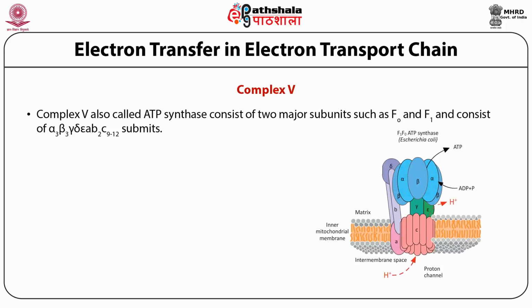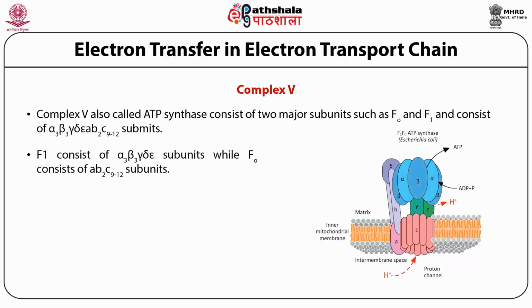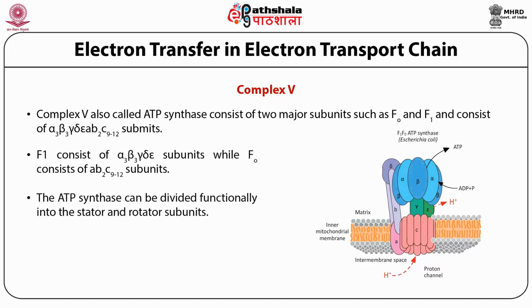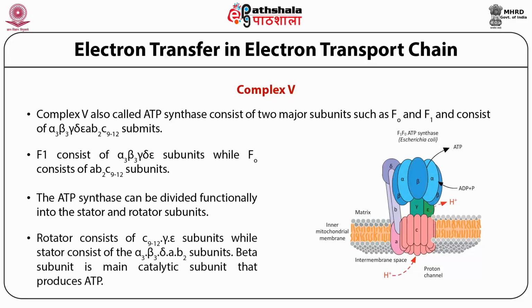This is known as ATP synthase, which has two subunits, FO and F1, and which consists of alpha, beta, gamma, delta, epsilon subunits in F1, while A, B and C subunits in FO. ATP synthase is functionally divided into two parts. One is the rotator, the other is the stator. The rotator consists of C subunit, gamma subunit and epsilon subunit.